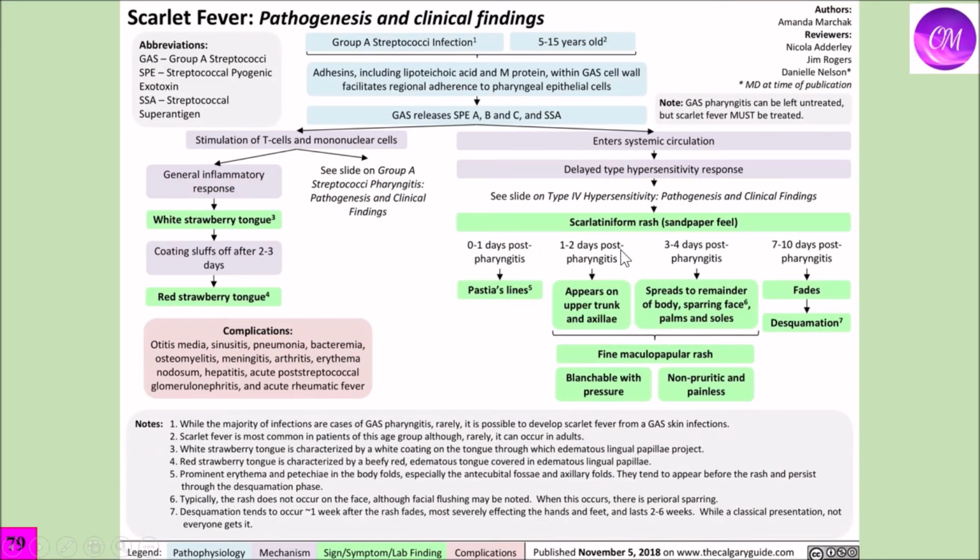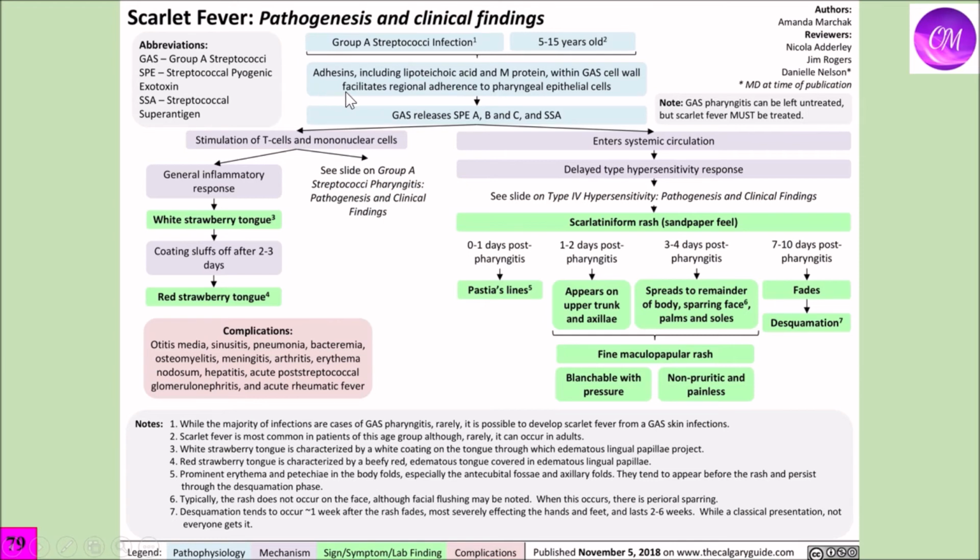In this scheme are the pathogenesis and clinical findings of scarlet fever, which, as we said, affects children between 5 and 15 years old.